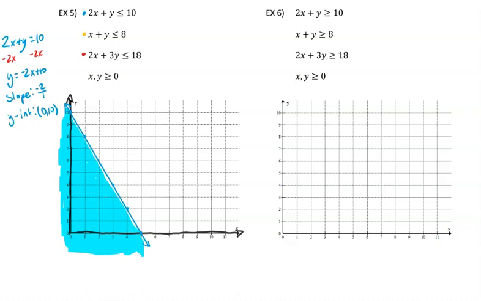All right, next one. x plus y equals 8. So we can subtract x from both sides, and we get y equals negative x plus 8. So our slope is negative 1 over 1, and our y-intercept is (0, 8).